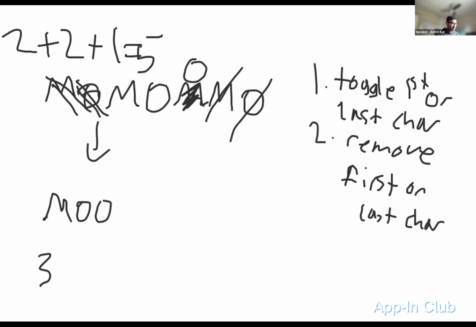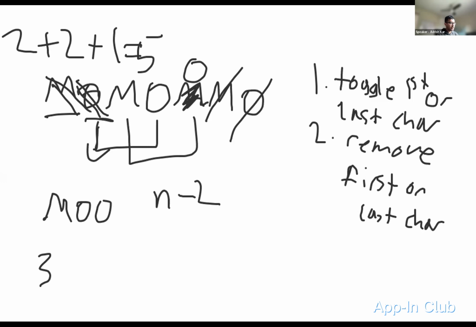So that's just one case. And so what you end up seeing is that in order to get to MOO, you end up in one of the n-2 consecutive 3-character positions along the string.